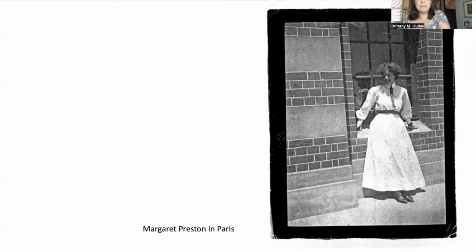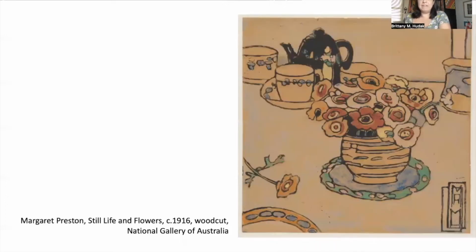At this time period, in the late 19th and early 20th century, Japanese ukiyo-e woodblock prints were all the rage in Paris, and there were plenty of opportunities for Margaret Preston to see them. And you can clearly see, here's a 1916 Still Life and Flowers, that she is being influenced by Japanese prints, like in this small multicolor woodblock print.